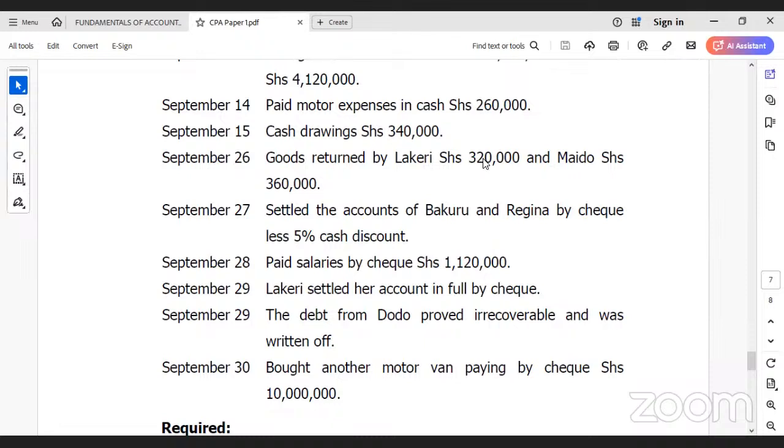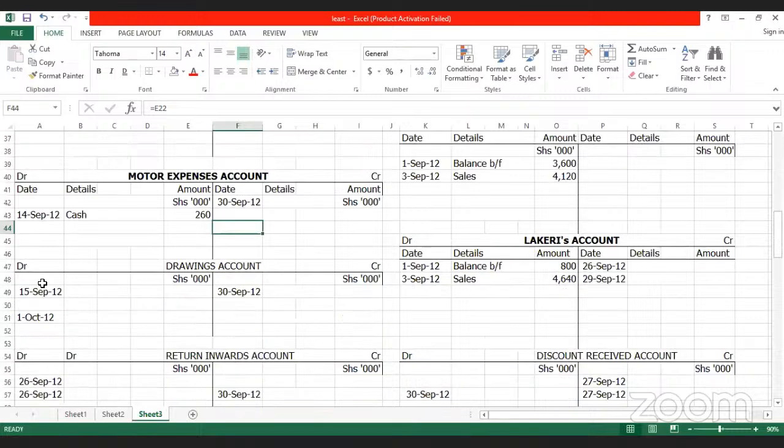You don't need to prepare another cash account; you'll use that very account for cash. Then you also have to come up with the drawings account, which is what I'm trying to come up with.